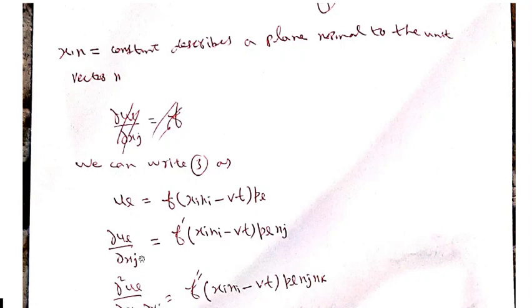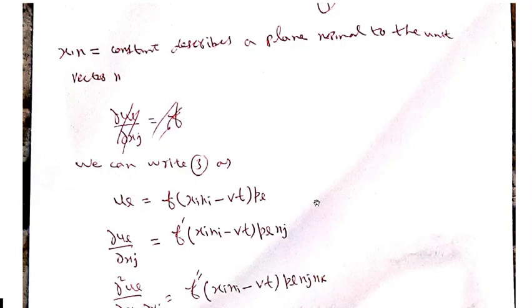So partial u_l partial x_j would be f dash of x_i n_i minus vt, p_l, times the derivative of x_i n_i with respect to x_j, which is partial x_i partial x_j, that is delta ij n_i, and delta ij n_i will give you n_j.